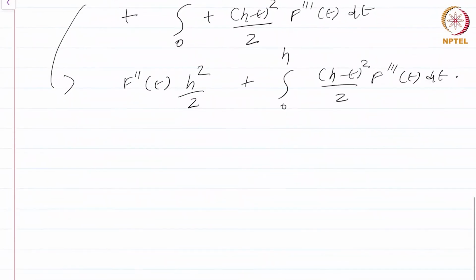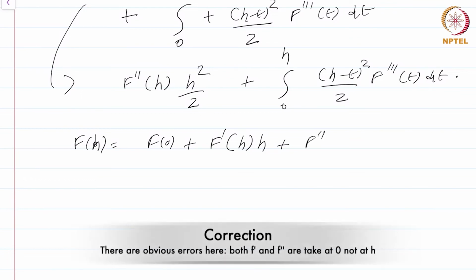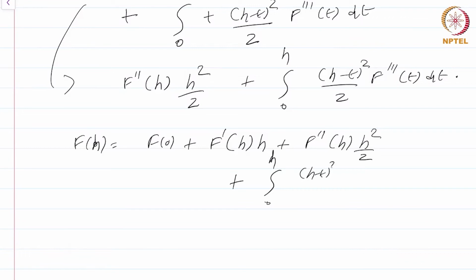Okay, so the original expression will become f of h is f of 0 plus f prime of 0 h plus, again I made a mistake here, this is f double prime of 0 h squared by 2 plus integral 0 to h of (h minus t) the whole squared by 2 f triple prime of t dt.